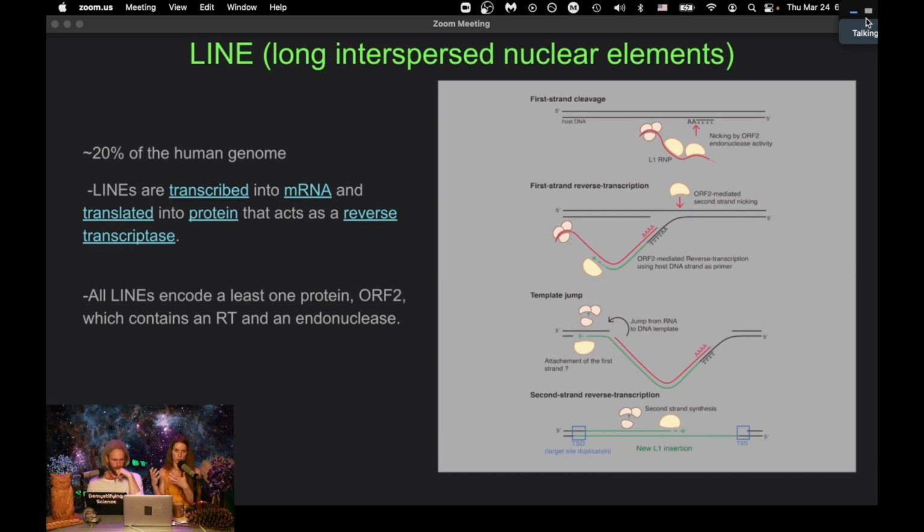It's called a transposase, and your transposon has to have some specific repeats on it. Basically what you see here is a sequence that is just this AATTTT. So anywhere in the genome where you have this sequence, it's possible for your template, which is represented here as this red line, to jump onto this sequence.